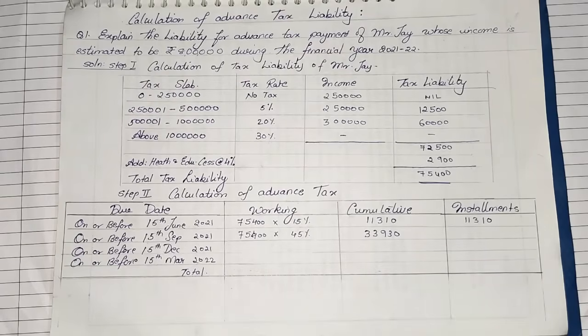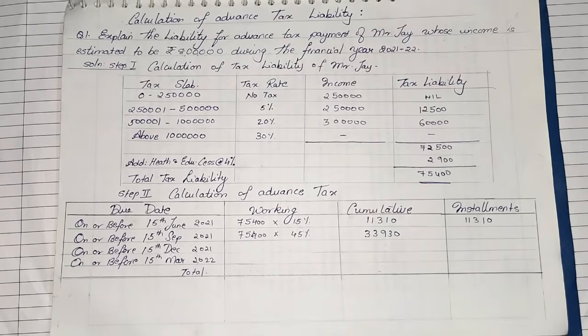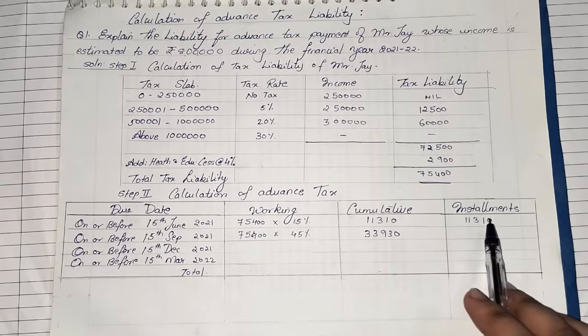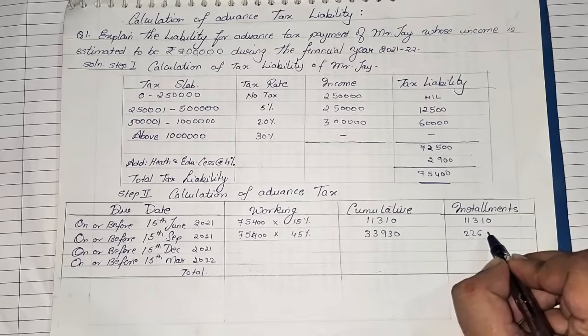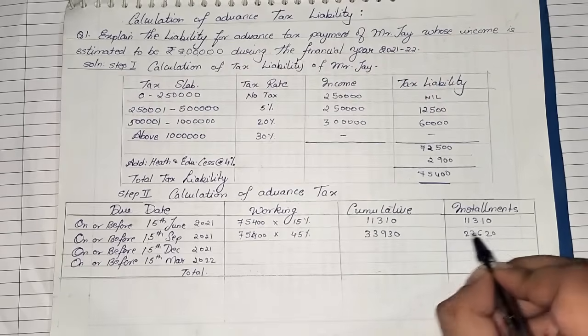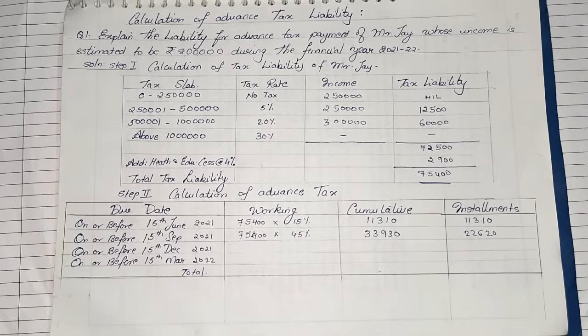That's the cumulative value, because that has the 15% also included in it. So we need to get the installment value, which is the cumulative minus the first installment. So it will be 33,930 minus 11,310, which comes to 22,620. Or you can even subtract the above value, and you'll get the same difference.